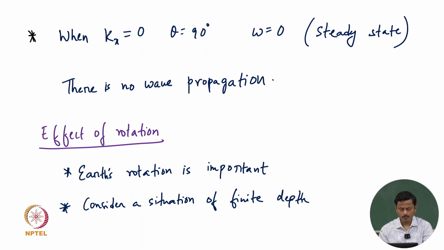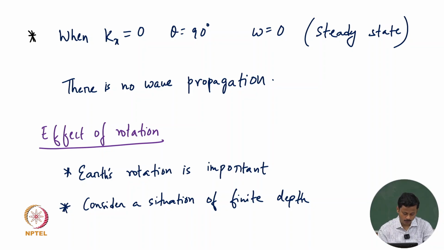If it's unbounded in the horizontal direction, we can have a sinusoidal form, whereas for the finite depth we will have certain different forms, and those forms of the wave in the vertical direction will have to be derived. So we consider a situation of finite depth, and we'll see the implication of this.